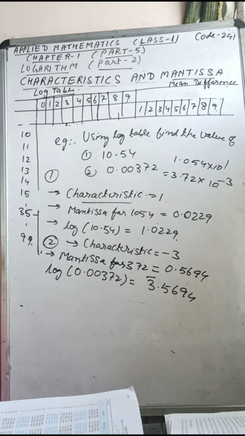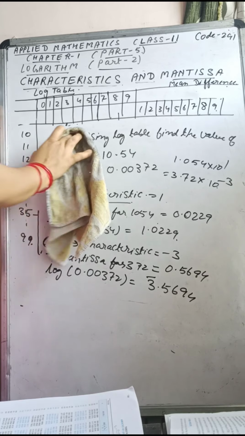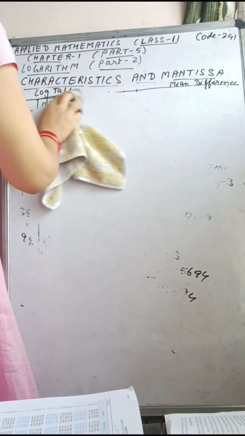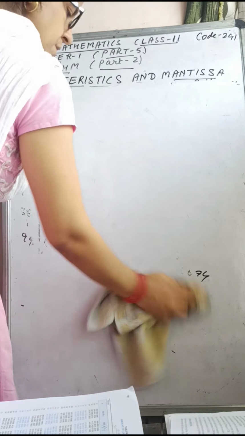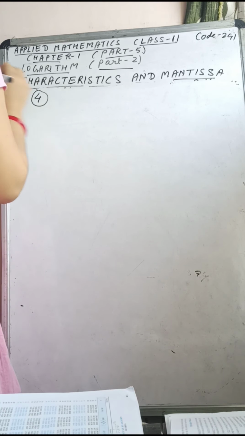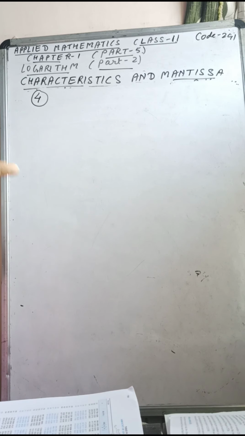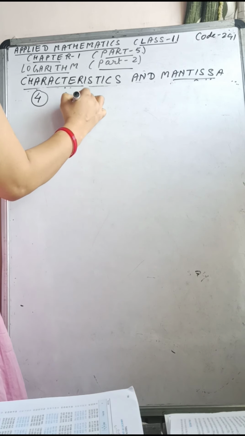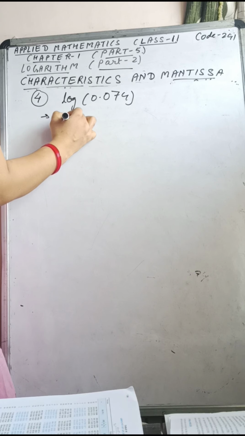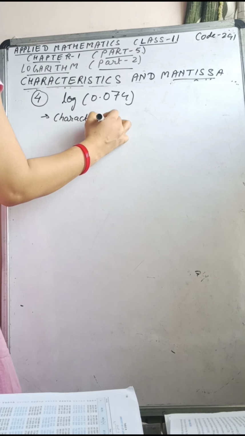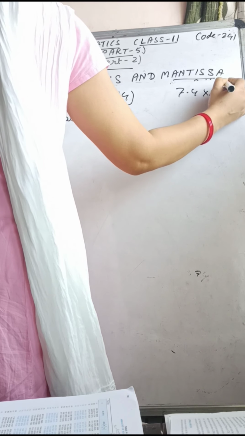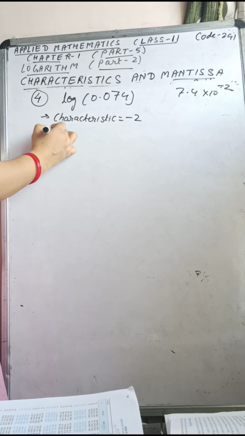So we have understood how to find the characteristic and the mantissa. Let us do one more example, the fourth one. Using the log table, find the log of 0.074. First step, the characteristic: this will be 7.4 times 10 to the power minus 2, so the characteristic is minus 2.